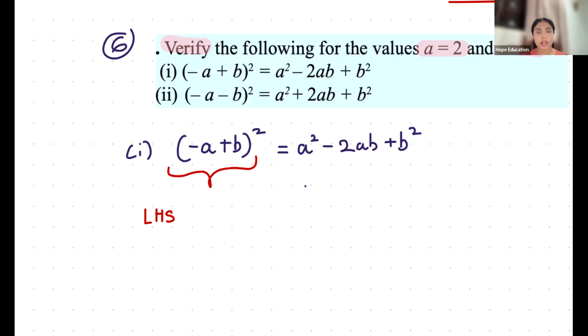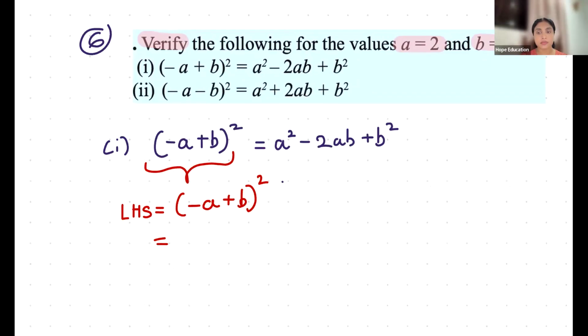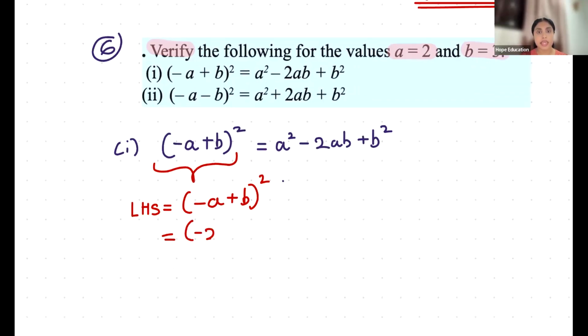So we have minus A plus B squared. So now A, they have asked us to take as 2, no? Minus 2 plus B is 3 squared. Minus 2 plus 3 is what? Minus 2 plus 3, what is the answer?